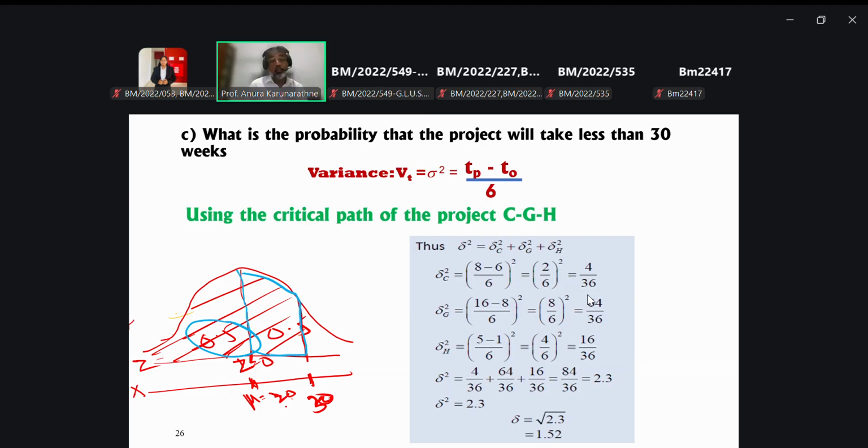Then you can use the formula. You know that formula, x1 minus mu over sigma. Mu is 20.